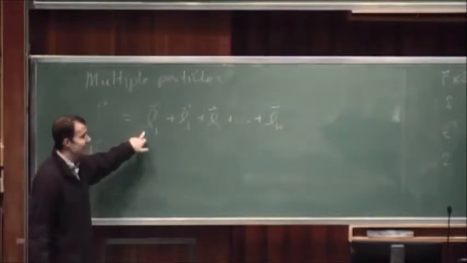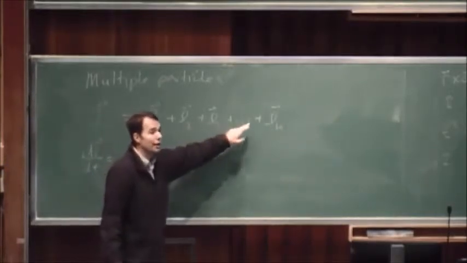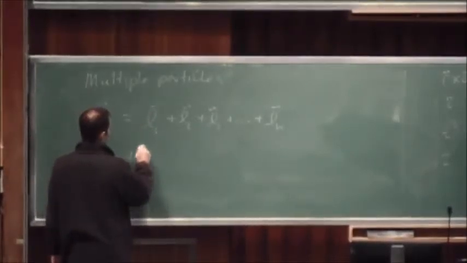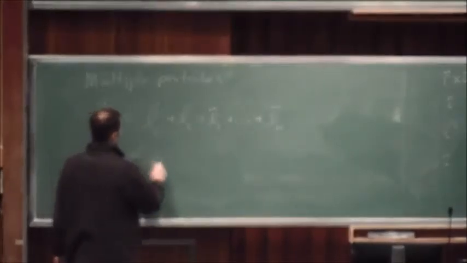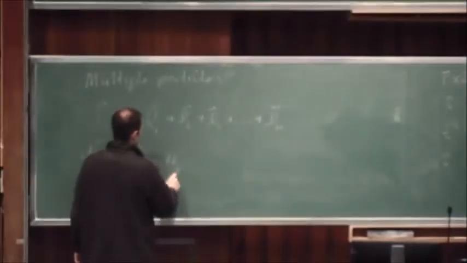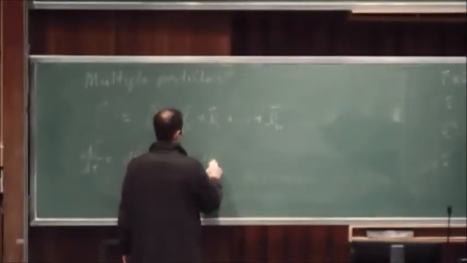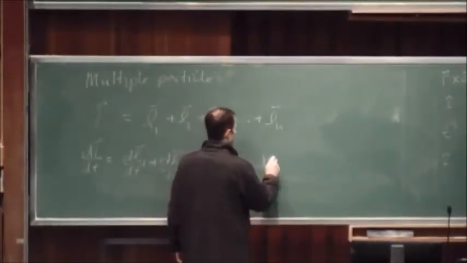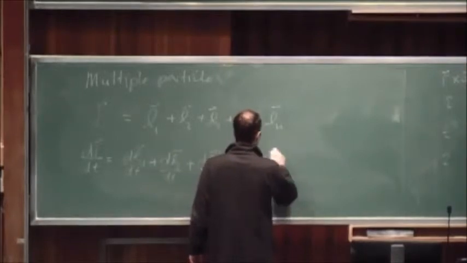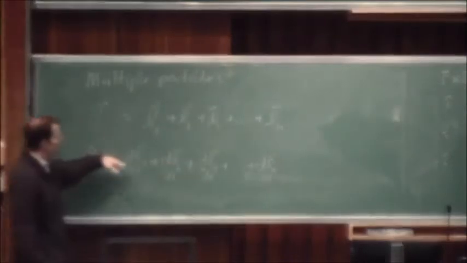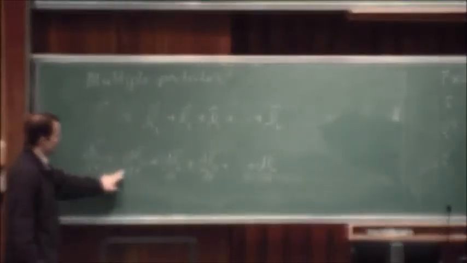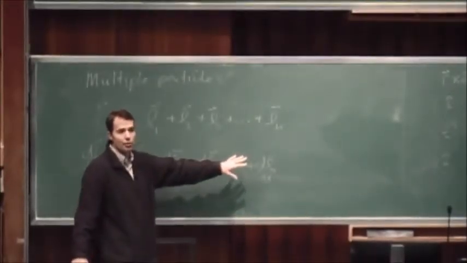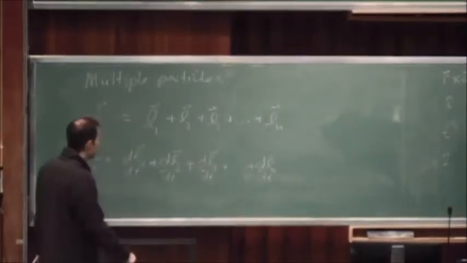Then I simply take dL/dt of all of those individual angular momenta, right? So if I have the angular momentum of particle 1, I take its time rate of change, I add that to L2, L3, Ln, so on and so forth. I end up getting this.